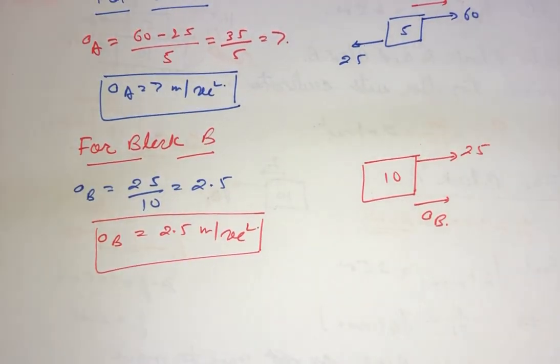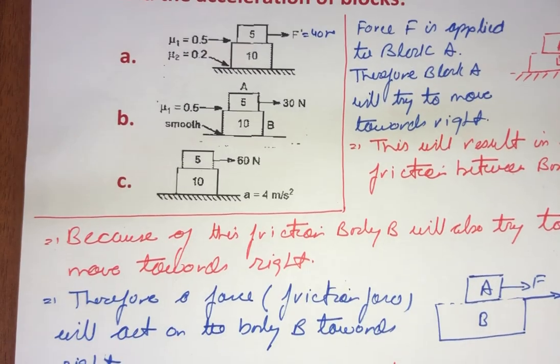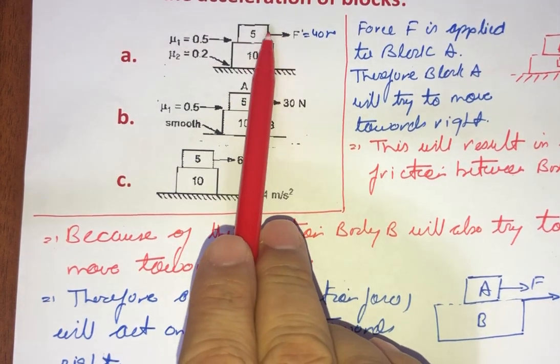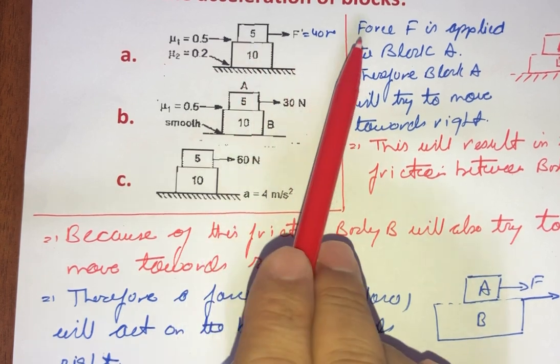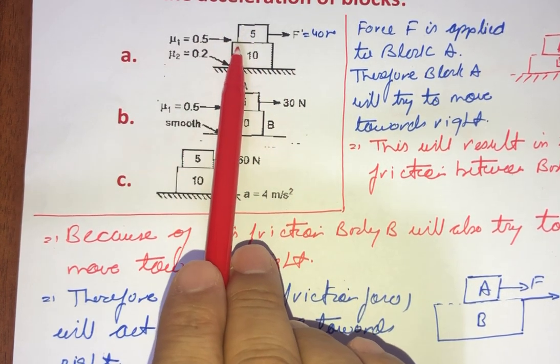The important thing to keep in mind is that the upper block will always be forcing the lower block to move in the same direction. If the upper block is moving towards the left, the lower block also has the tendency to move towards the left.